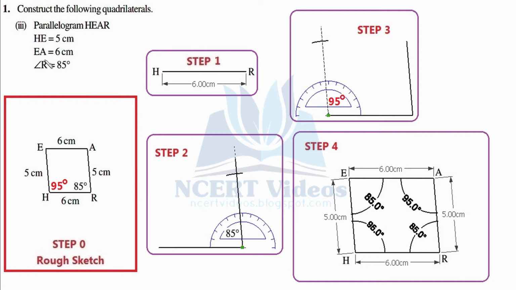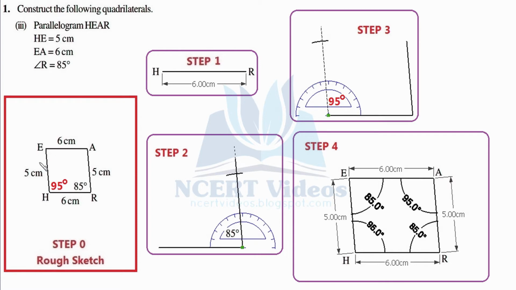Now, if we draw EA equals to 6 cm roughly using our ruler, so the same has been drawn over here, EA equals to 6 cm. With these two vertices drawn, we can easily find the positions of other remaining two vertices, that is H and R. So EA is here, and we always construct our figures in either clockwise direction or anti-clockwise direction.